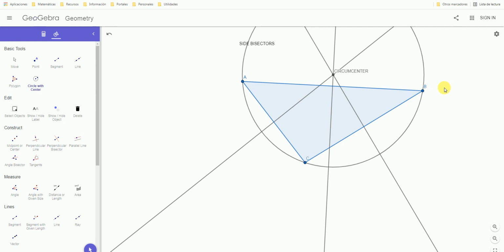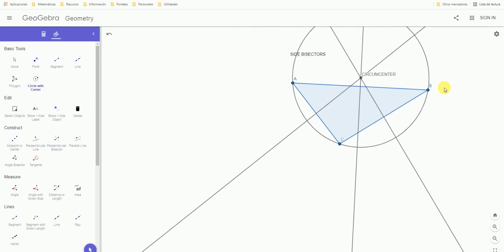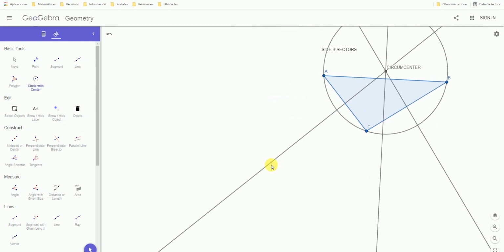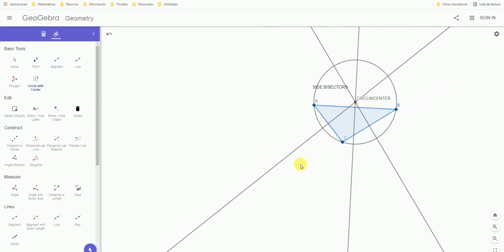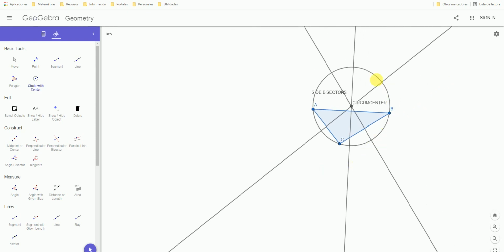This is the circle. Let's zoom out to see the whole circle. Here you see the circle circumscribing the triangle.